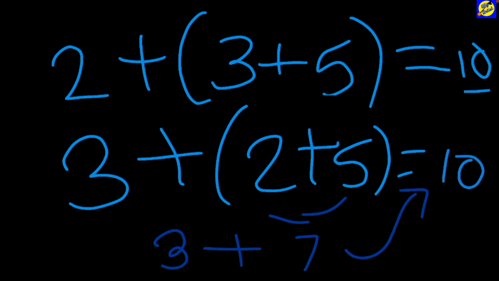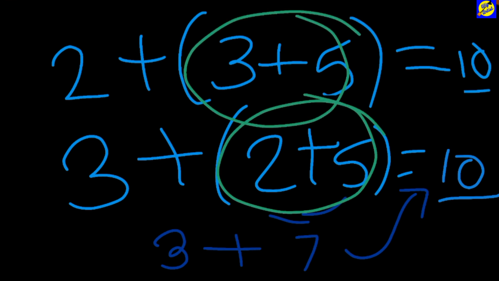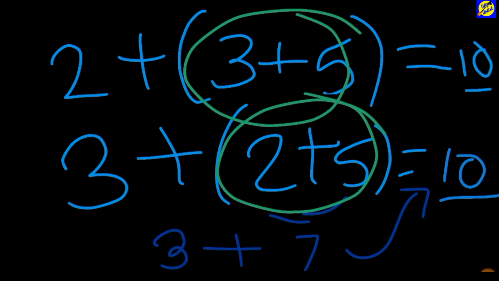There is no difference in it. Understood? So that is why if you change the grouping of the numbers in the brackets, the answer will remain the same. This property is known as the associative property.